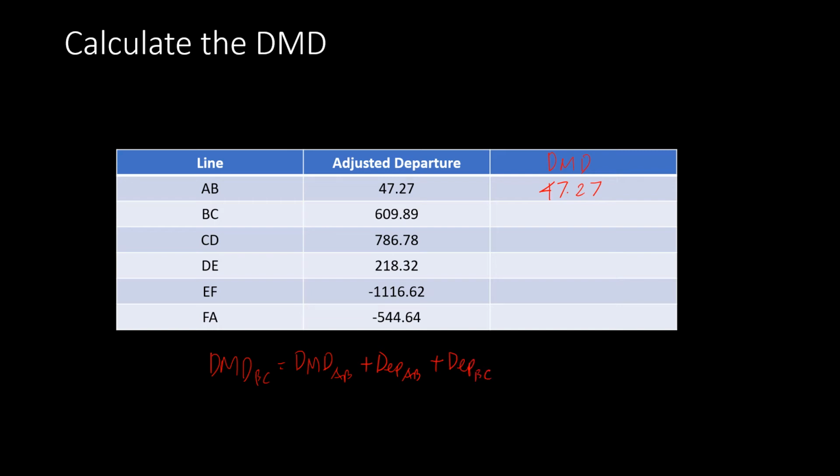So in other words, we're going to add 47.27, the DMD of the first course, plus the departure of AB, which is also 47.27, plus the departure of BC, which is 609.89. And all these will add up to 703.43. So we tabulate that value, 703.43.